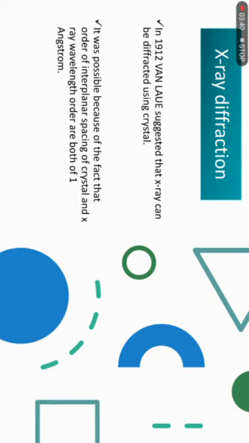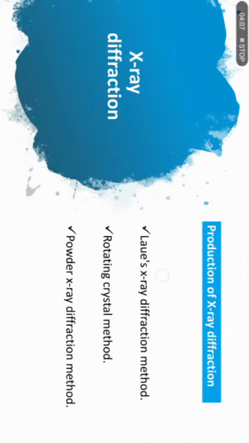So this is the basic condition we use in diffraction: the wavelength falling on the object should be of approximately the same order as the spacing of the object on which it is falling. As we found that this condition is matching, we look forward to diffraction techniques.